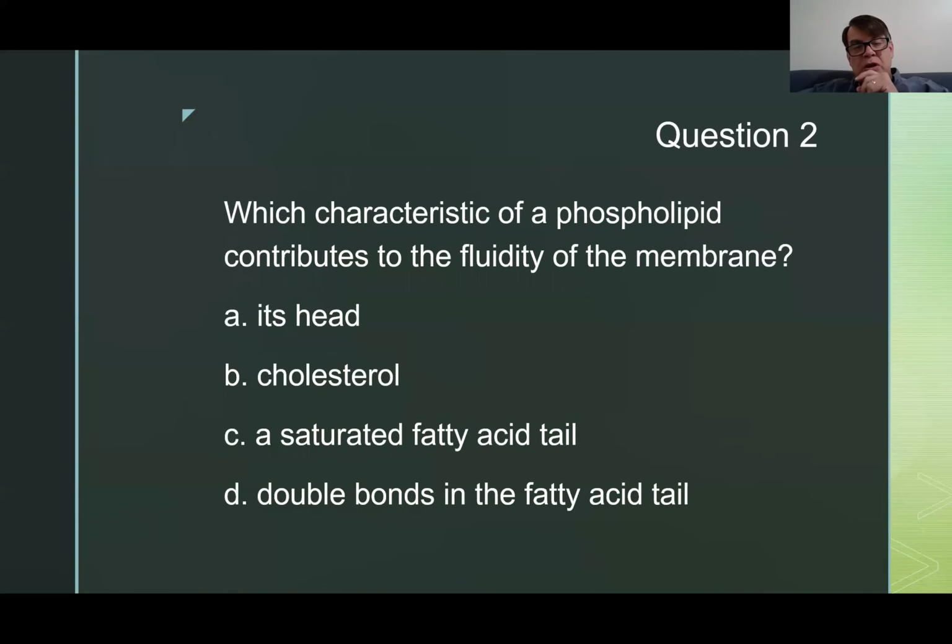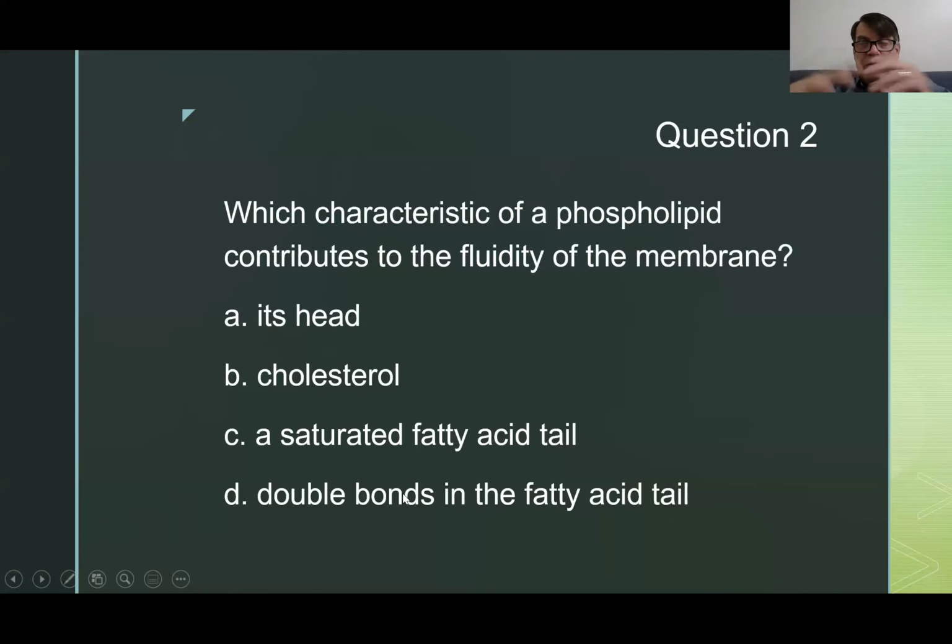Okay, so which characteristic of a phospholipid contributes to the fluidity of the membrane? Okay, well, I'm guessing, that's a good question. So a saturated fatty acid tail is straight. The double bonds, this would be unsaturated.